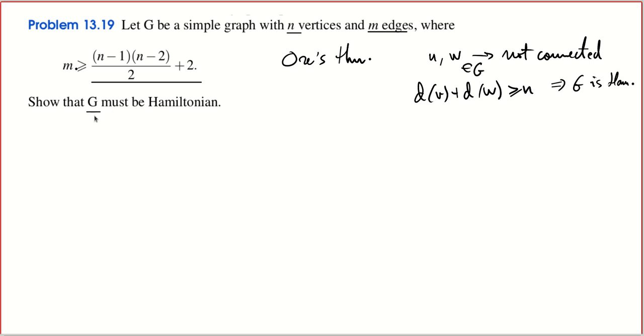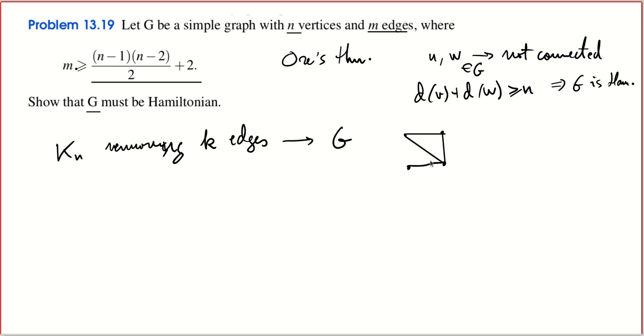Well, we're going to think of the graph G as the graph Kn, the complete graph, in which we remove k edges until we get the number of edges that the graph has, or until we construct the graph G. So for instance, suppose that you have 4 nodes here, and these 4 edges, and they form the graph G. You can think of this as constructed from the complete graph K4, in which you remove these 2 red edges.